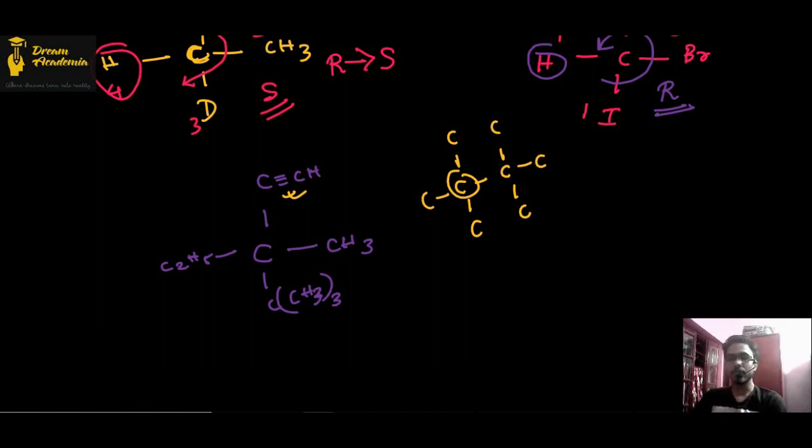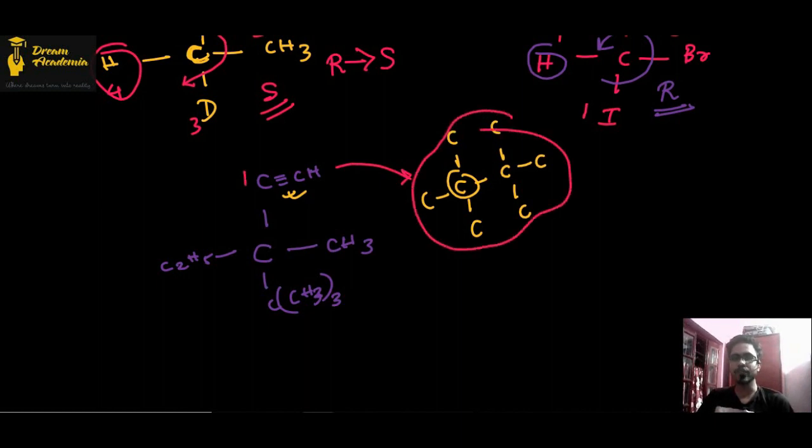Which group will have the most mass number? Of course you can see that this group, because this group is equivalent to this one. So of course this group has the most mass number after this one, and finally this becomes the lowest priority.